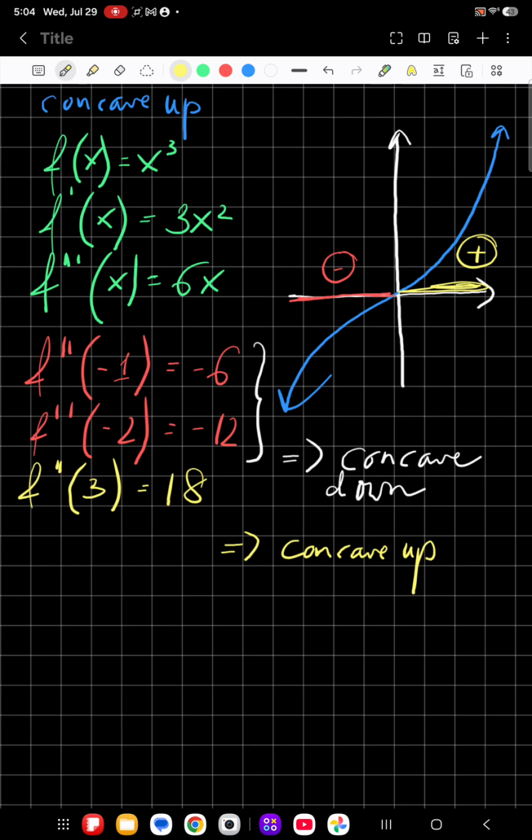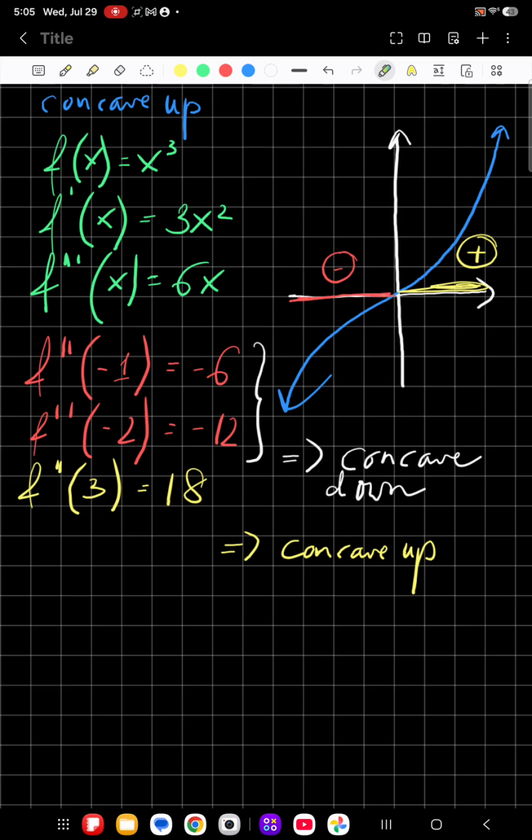Okay, so one more time: we find the second derivative, the way we did here, and then we need to figure out the inflection point, or critical number, where the concavity changes from up to down or from down to up.